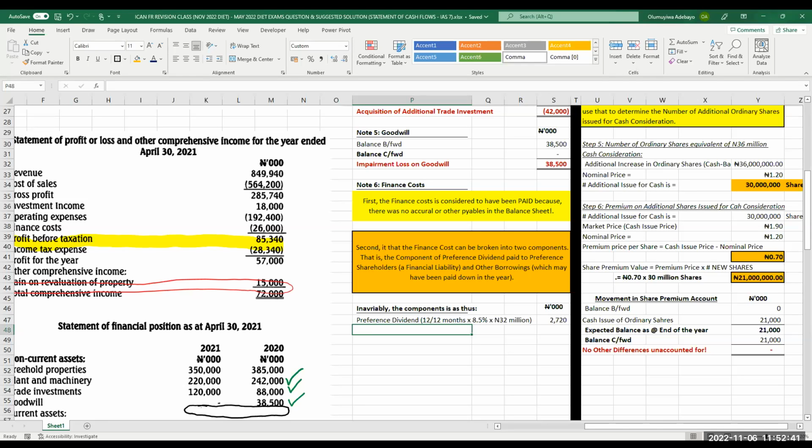Others relate to the balance. Remember, everything was 26,000. And if we break down 26,000, what do we have? We now have the balance: other finance costs, other borrowings. So that's it down.